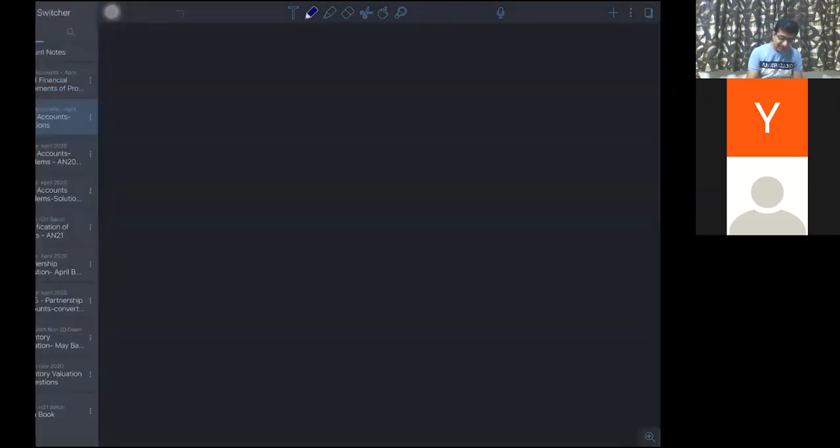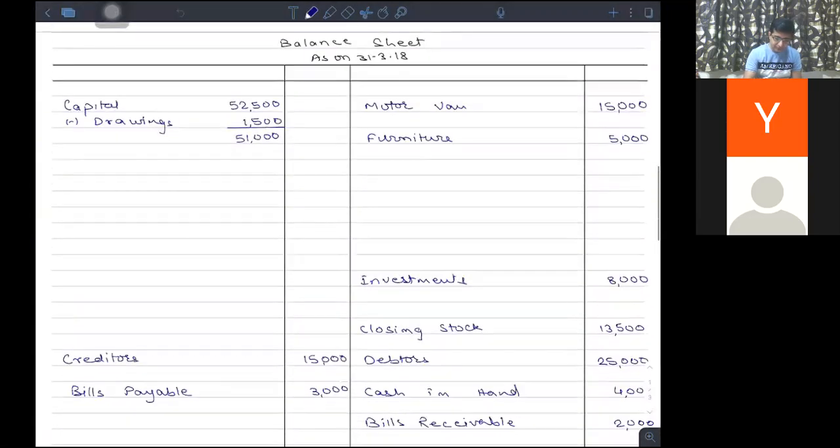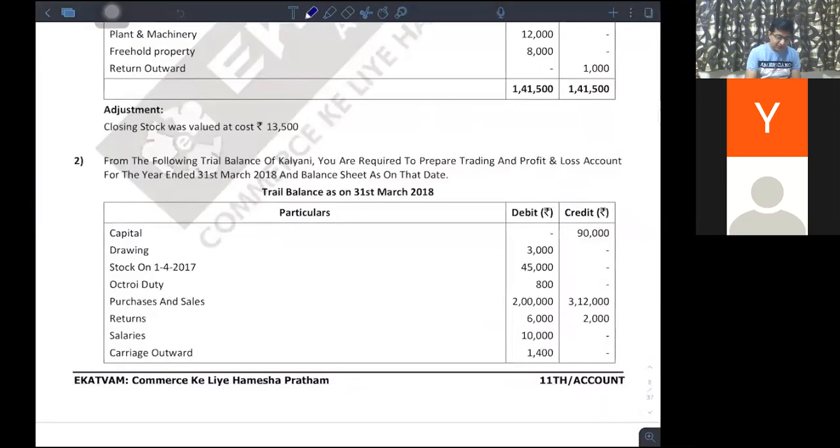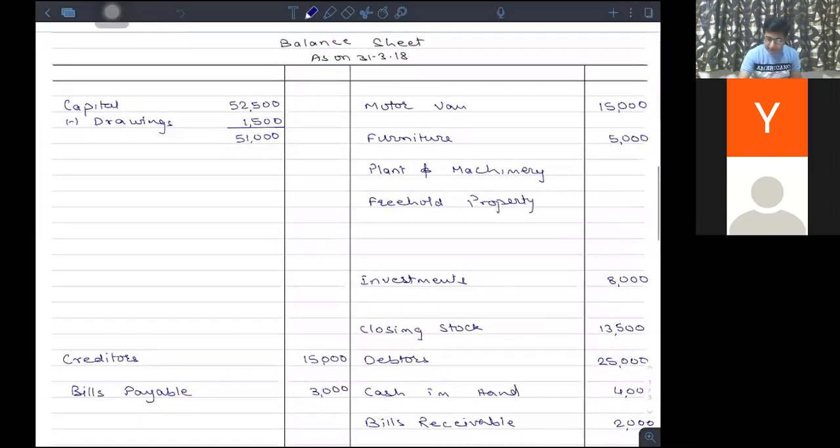So in the balance sheet asset side, plant and machinery of 12,000, freehold property of 8,000. All right.